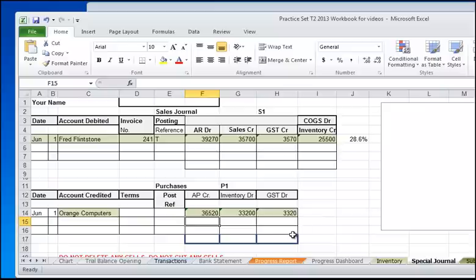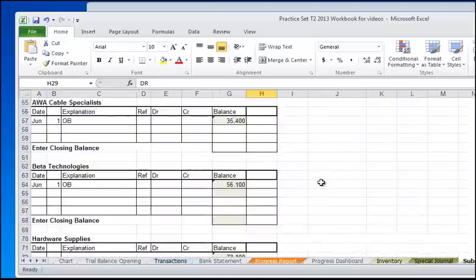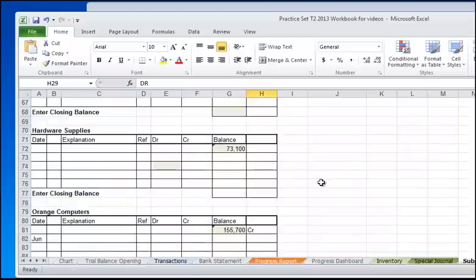Righto. What do we need to do still? Well, we need to post this to the accounts payable subsidiary ledger. So let me go to the accounts payable subsidiary ledger. Orange Computers, June 4. What's the posting reference? It will be the purchases 1.